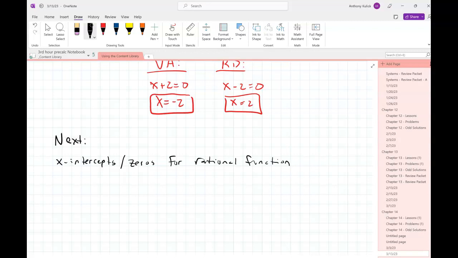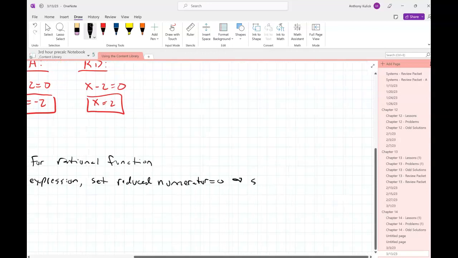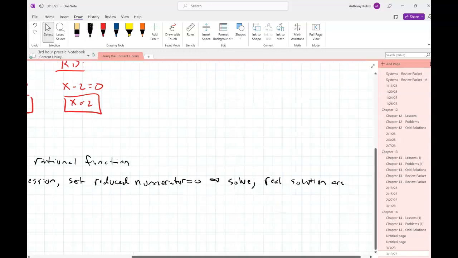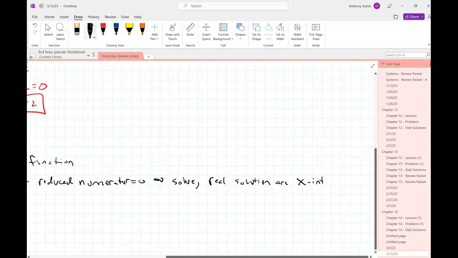So that's going to be the same idea here. We're going to simplify the expression. We're going to take this reduced numerator, set that equal to 0, and solve. Any real solutions are our x-intercepts.